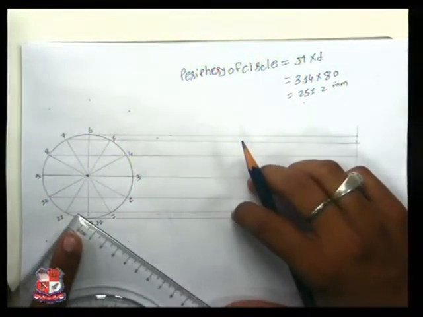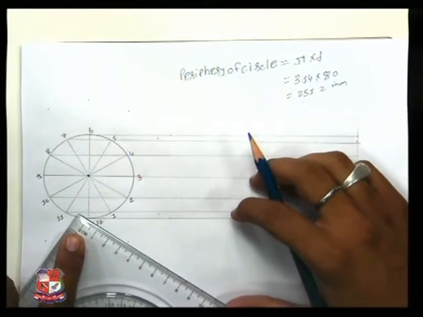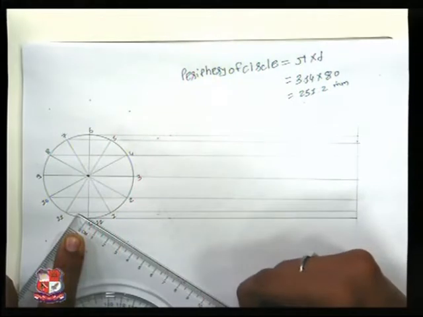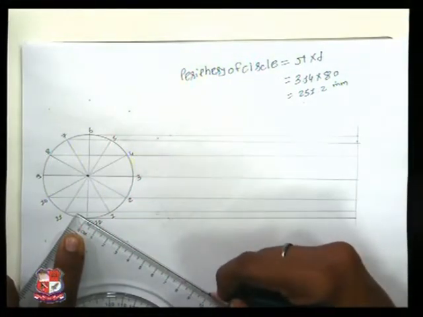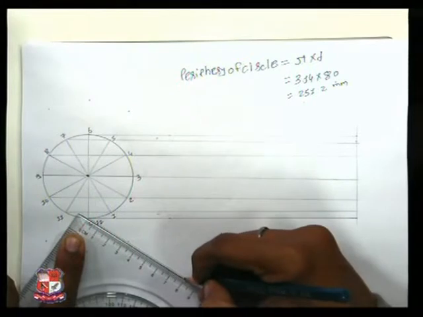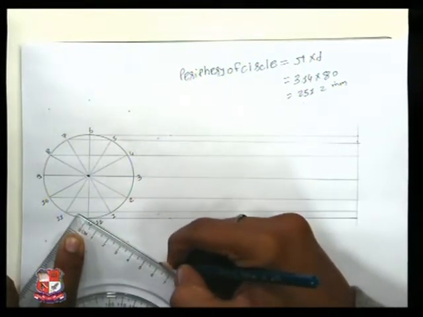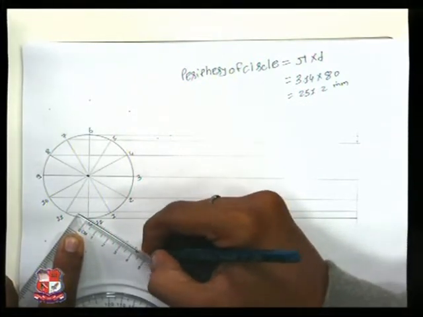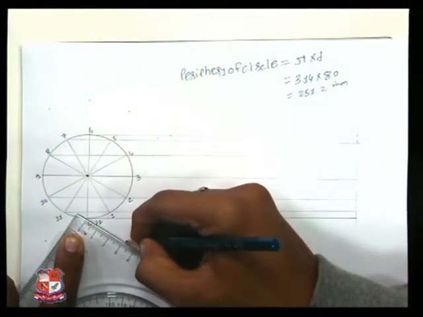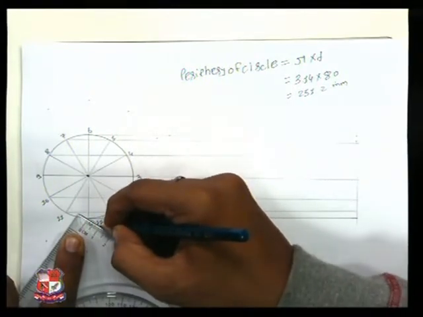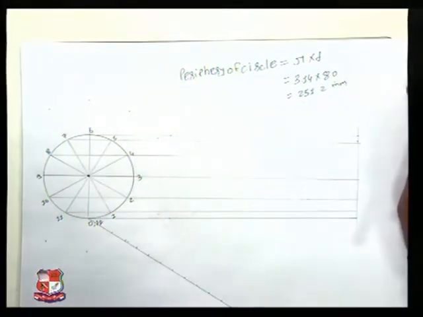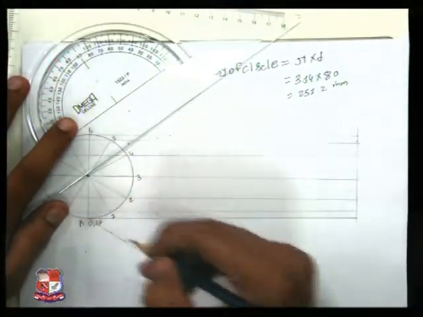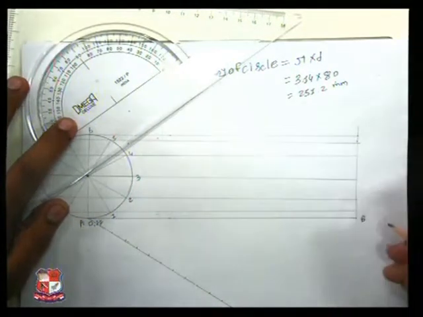So I will draw a 12 centimeter line at any angle and I will divide that line into 12 equal parts. Let's consider this as AC and AB.